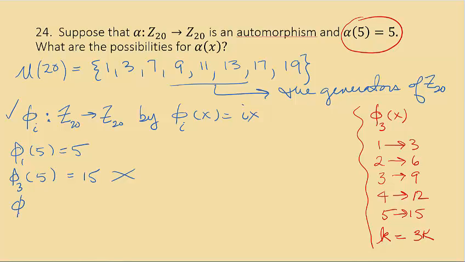So if you go through these, you will find that phi9 of 5, phi13 of 5, and phi17 of 5 are all equal to 5. So we have 4 different possibilities for alpha. Alpha could be phi1, phi9, phi13, or phi17.